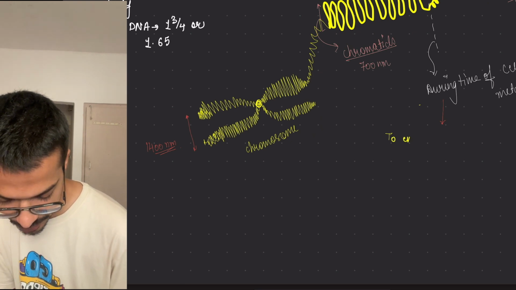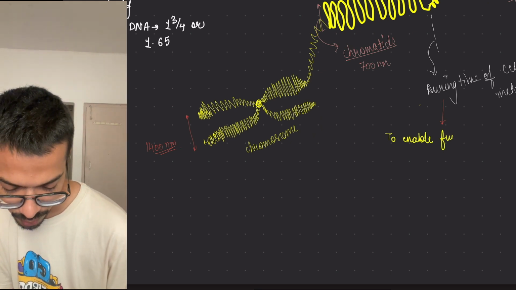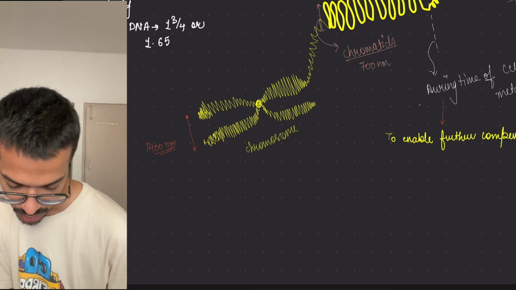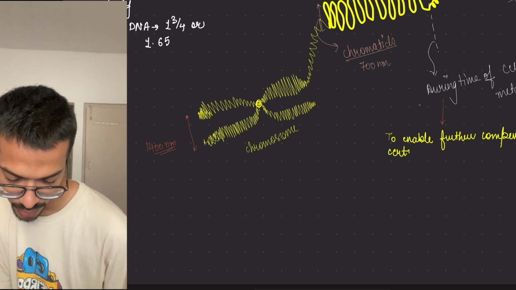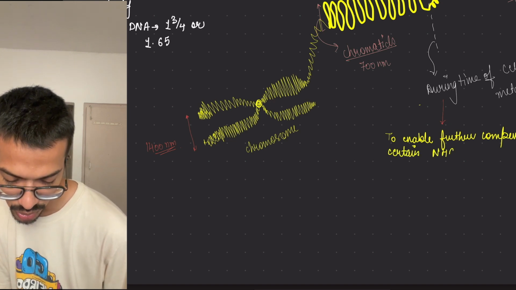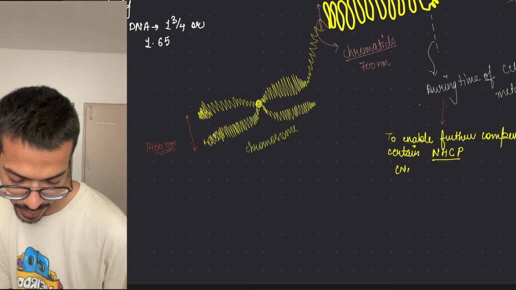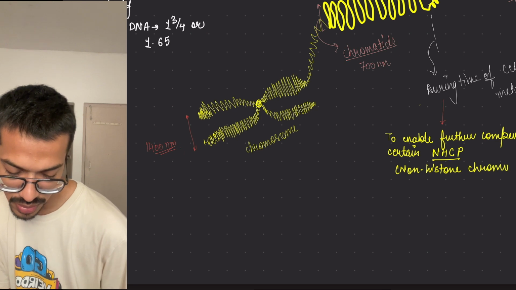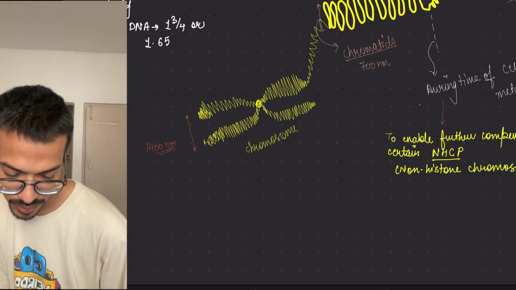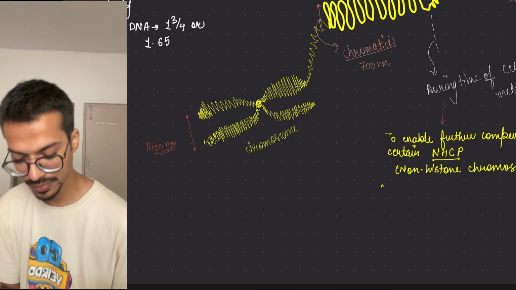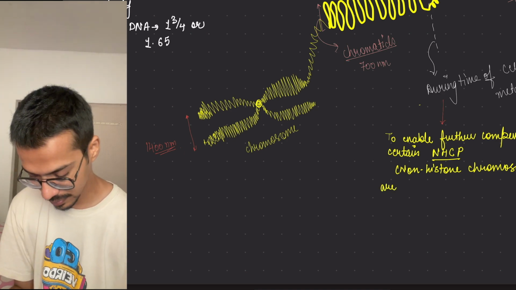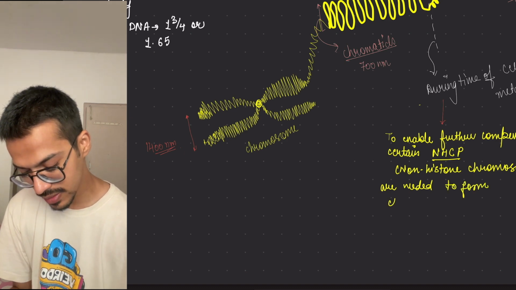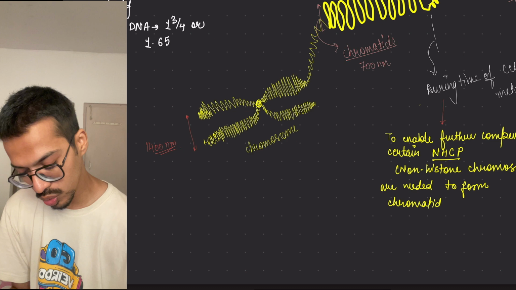To enable further compaction, non-histone chromosomal proteins are needed to form chromatids and chromosomes.